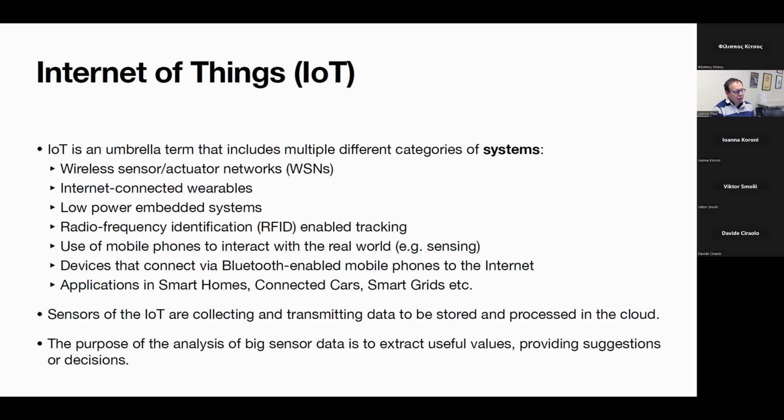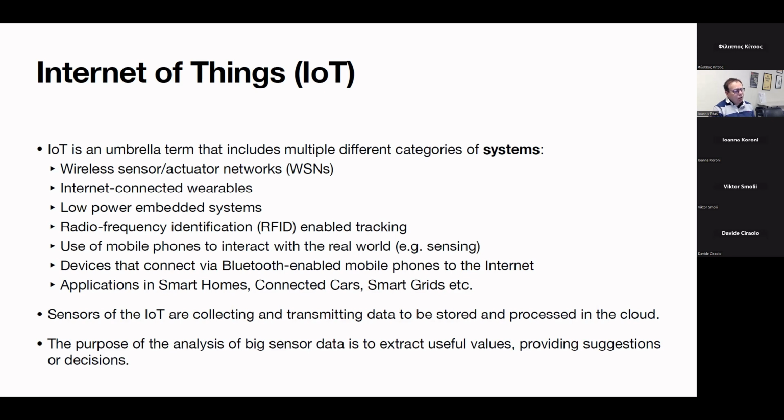So you easily understand that the area of Internet of Things includes very heterogeneous systems. There are many cases that all these systems are interconnected in order to provide some function. So even the same Internet of Things systems can be very heterogeneous in terms of the technologies employed.